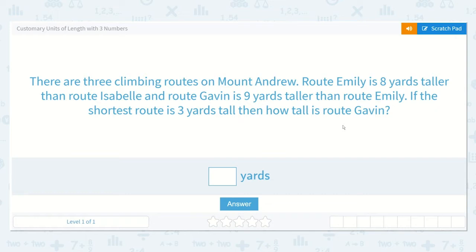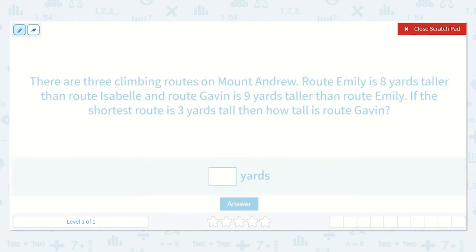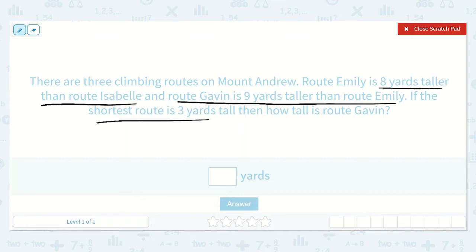All right, so we know that Route Emily is 8 yards taller than Route Isabel, and Route Gavin is 9 yards taller than Route Emily. And if the shortest route is 3 yards tall, then how tall is Route Gavin?